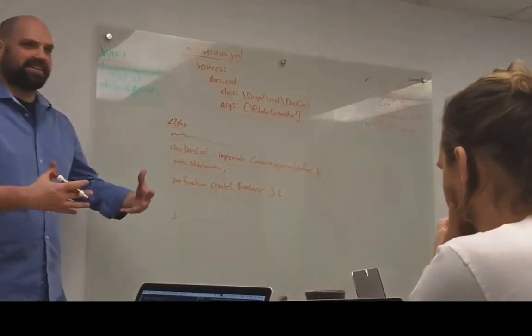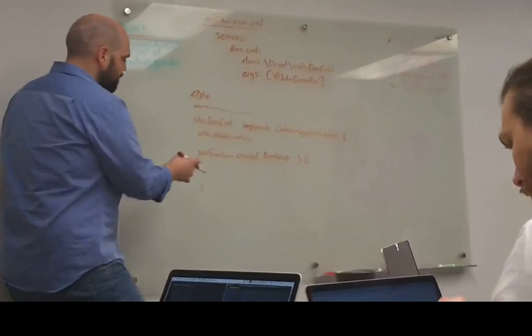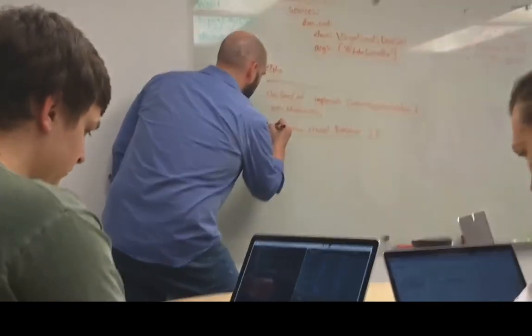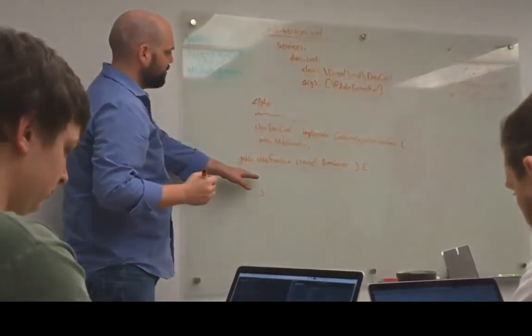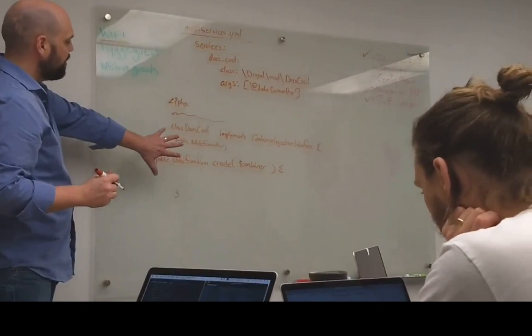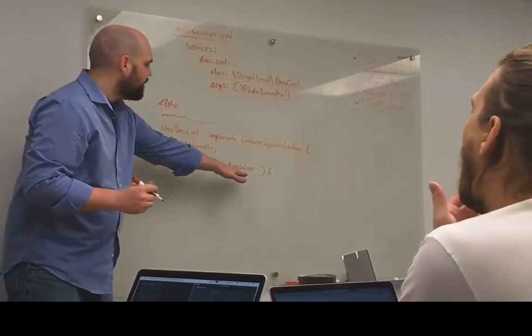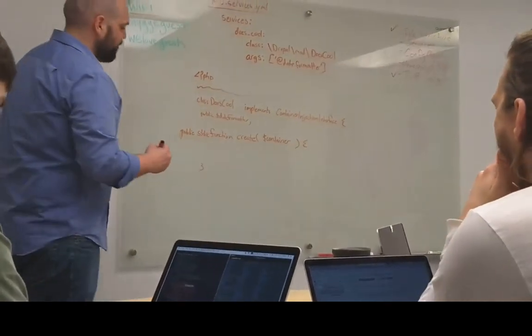So you can think of it as a container full of services. Now, what my public static create function must do is return an instance of this class with the dependencies from the container being provided to that instance.